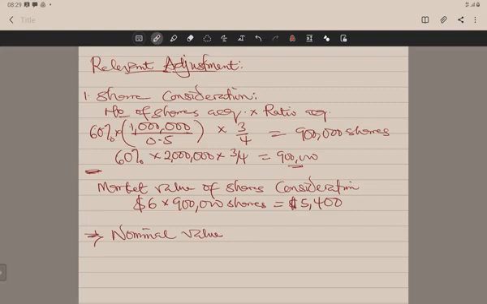Nominal value is the share price multiplied by the shares consideration. The nominal value per share here is 0.5 multiplied by the shares acquired, 900,000.